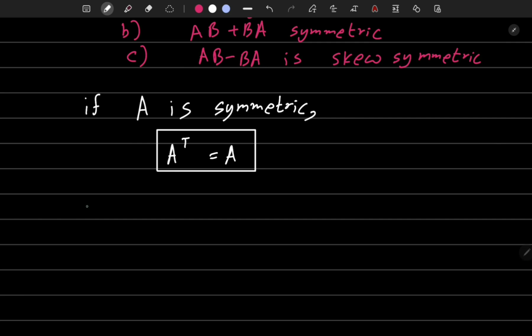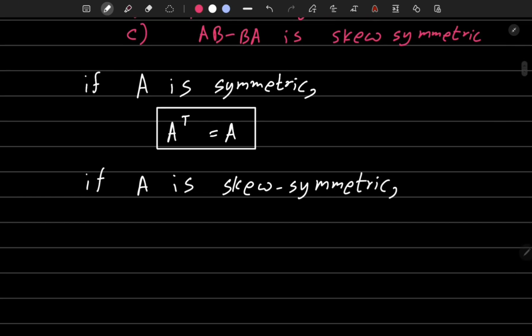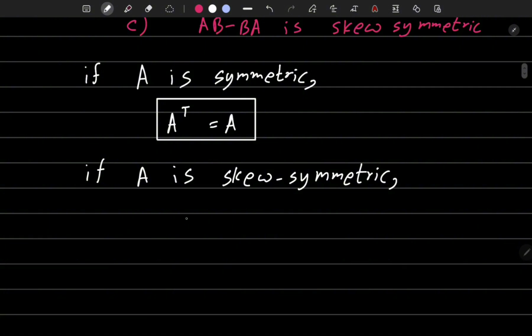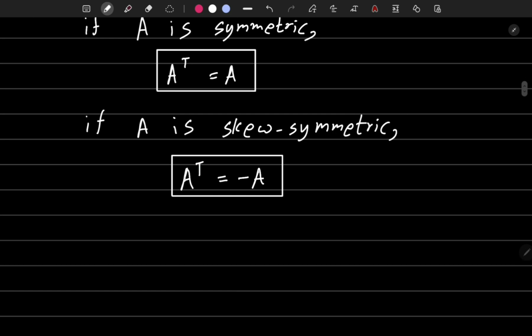Similarly, if A is skew symmetric, the transpose of A is equal to minus A. That's the difference: here the transpose of A is again A, and here the transpose of this matrix is equal to minus A.